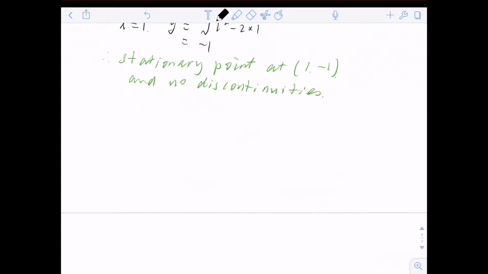Next step, step 3, we have to determine the nature of the stationary point. For the nature of the stationary point, this time I'm going to use the sign change of the first derivative.